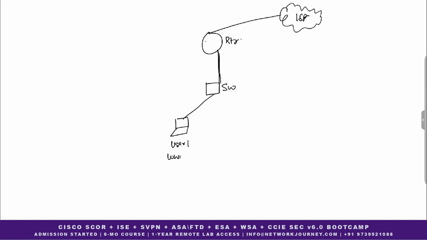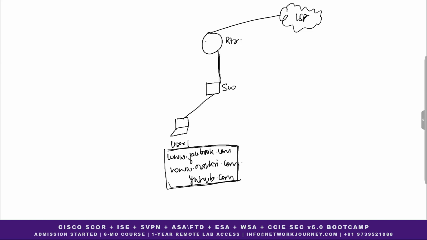The user now has internet connectivity. He is using his personal time going to Facebook, looking at Naukri, going to YouTube, consuming the enterprise bandwidth. I want to put this on hold. So how can I do that?